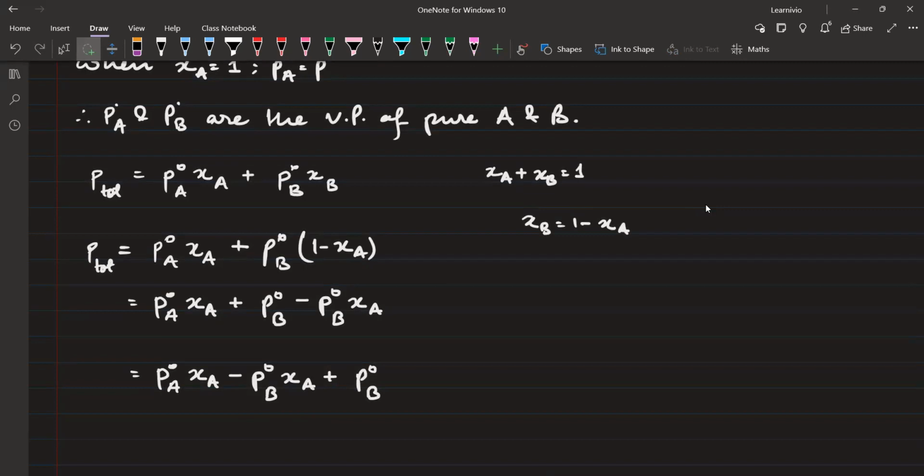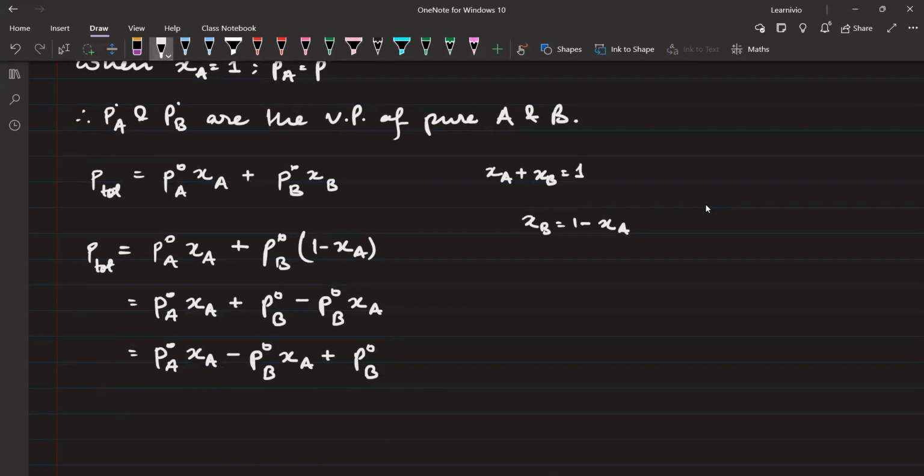I hope you don't have any problem with this. This is basic middle school maths. Now I will take chi A common, and I will have P total equal to chi A into (P naught A minus P naught B) plus P naught B.